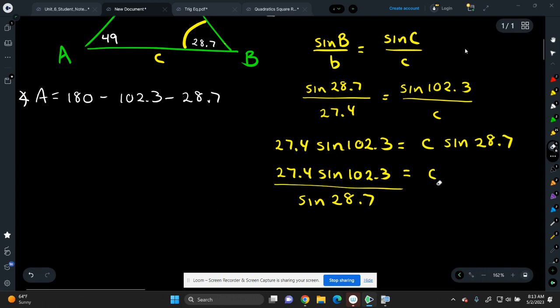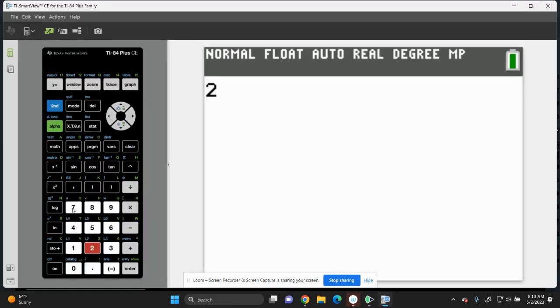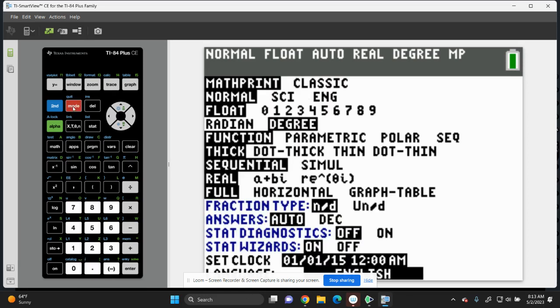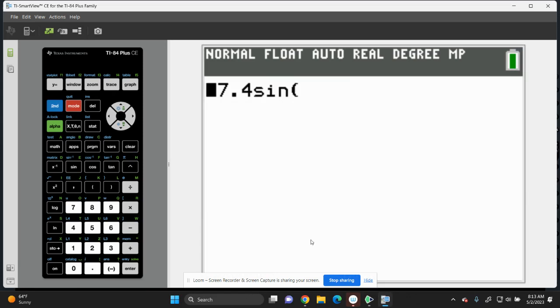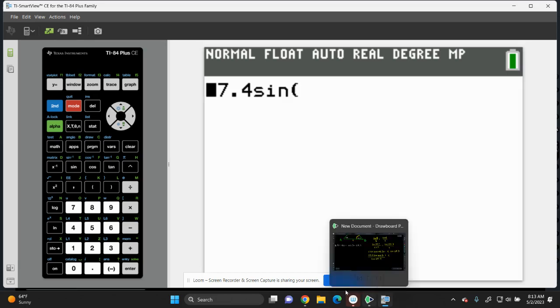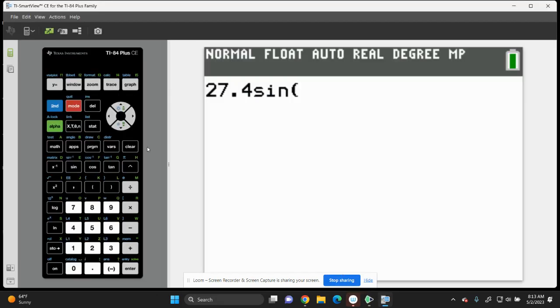All right. So we're going to do this on our calculator now. 27.4 times the sine of 102.3, and then we'll divide that by the sine of 28.7. I need to make sure I'm in degree mode, right?